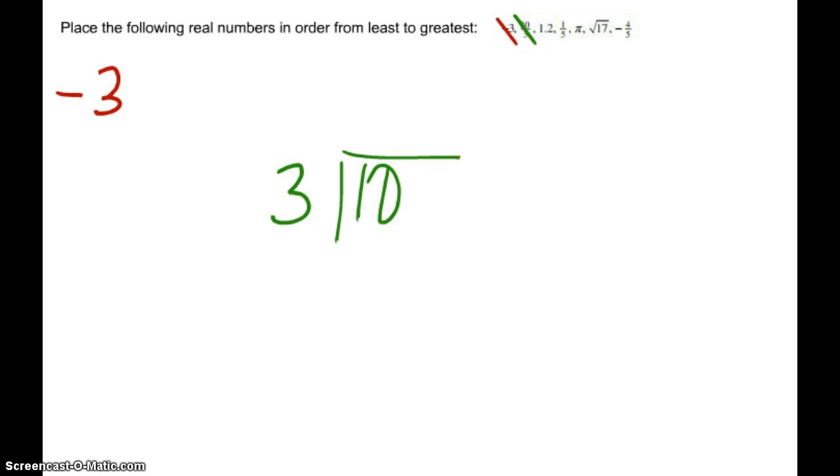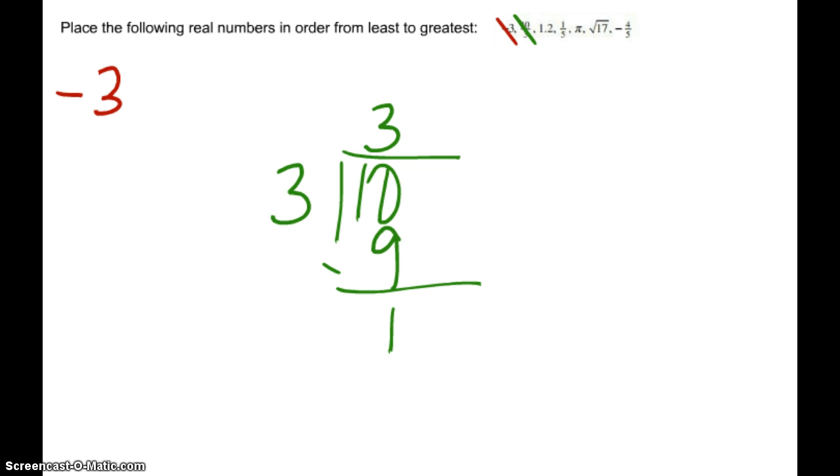Okay, so I think that the easiest thing to do is to get everything as a decimal. So I'm actually going to keep -3 as -3. I'm going to take 10/3 and I'm going to convert it to a decimal. So 10/3 is just 10 divided by 3.